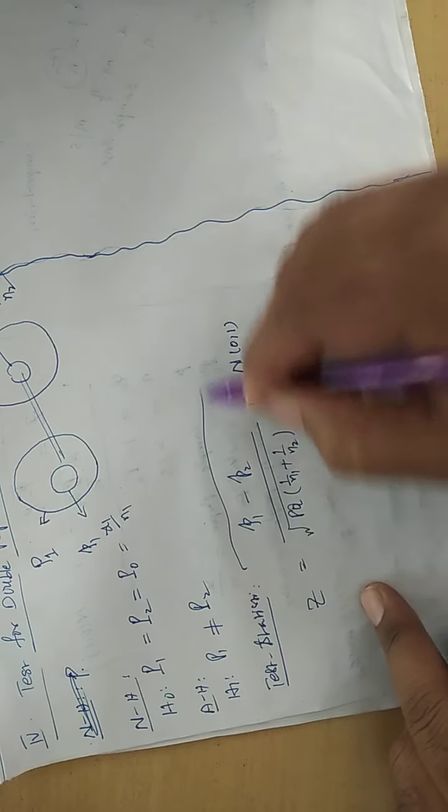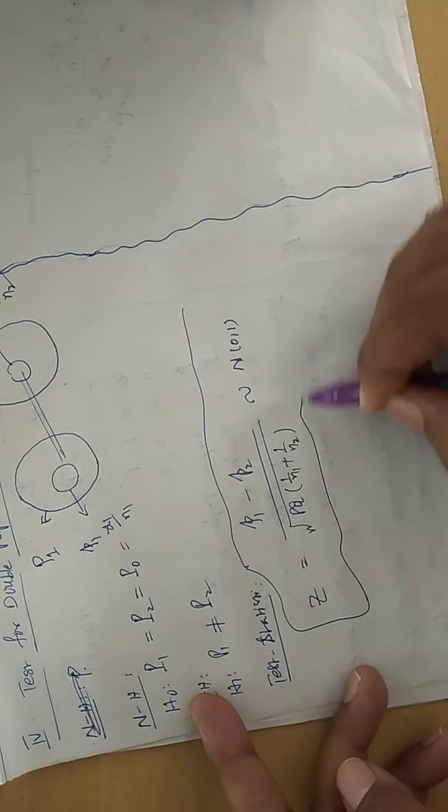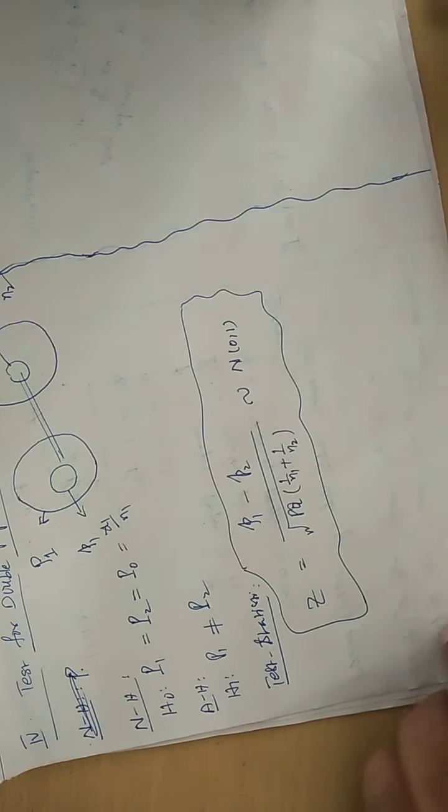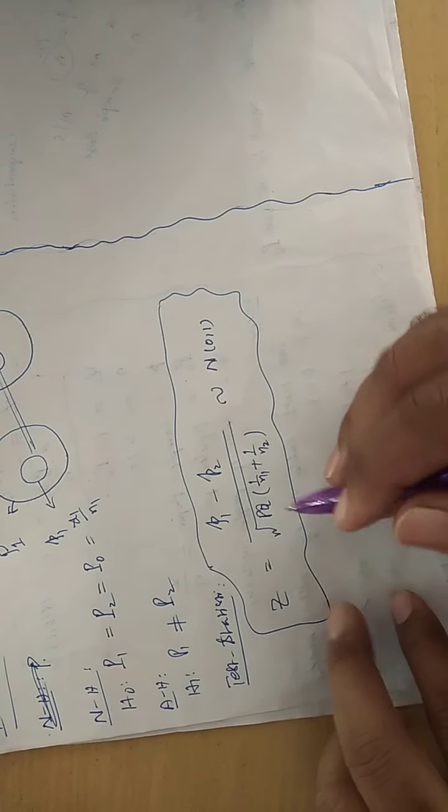So this is the test statistic formula for the test for comparison of two population proportions.